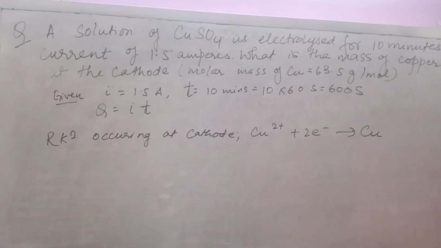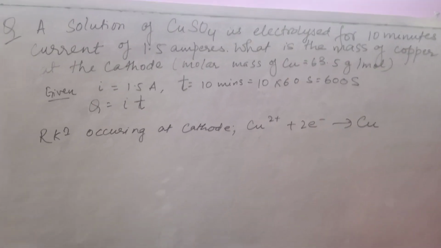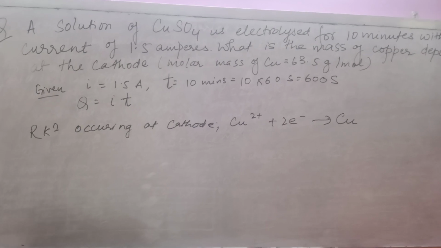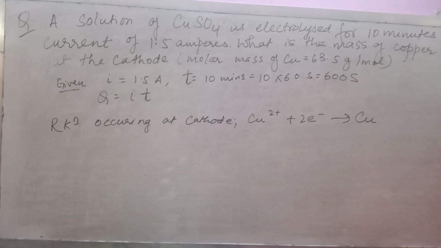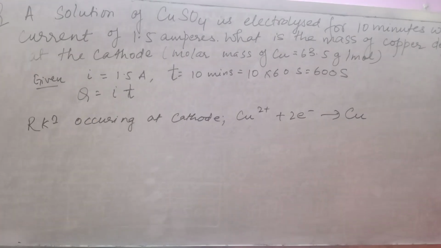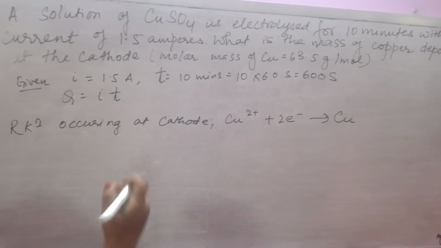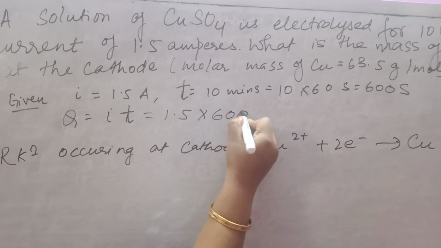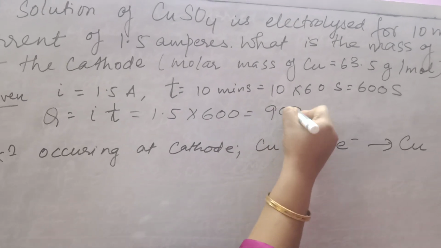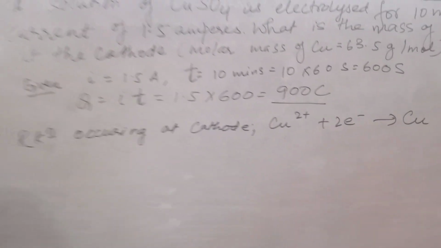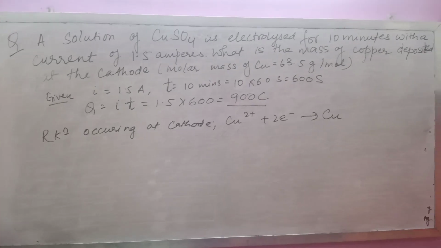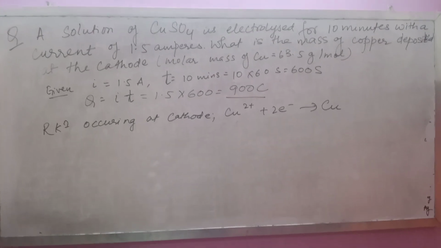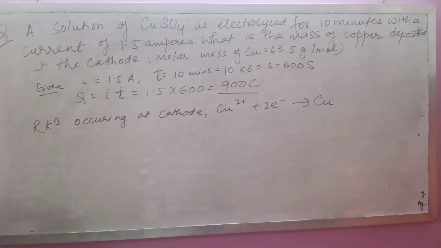Current is 1.5 ampere, time is 10 minutes, which you convert into seconds, that comes out to be 600 seconds. You know the formula of charge, Q is equal to I t. When you put in the values, it is 1.5 into 600, that is 900 coulomb. That means you have to calculate how much copper 900 coulomb will deposit at the electrode.